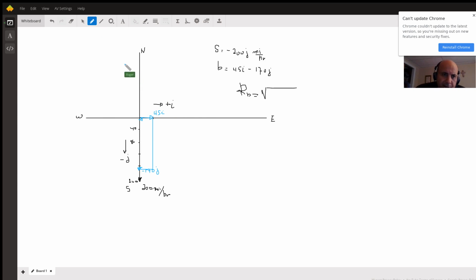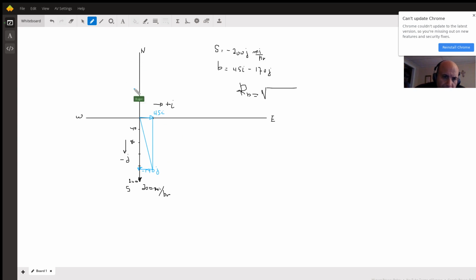Starting from the origin, I could draw my resultant vector like so.